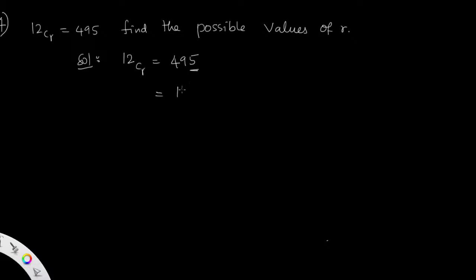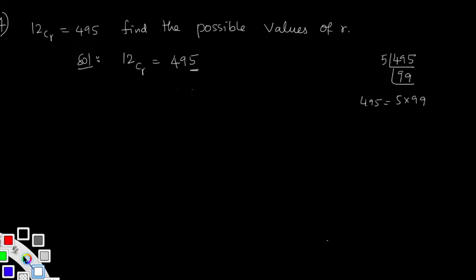Dividing 495 by 5, we get 99. So 5 into 99 equals 495. First write this as 5 into 99, afterwards you can simplify. 99 is 11 into 9, so 495 equals 5 into 11 into 9.